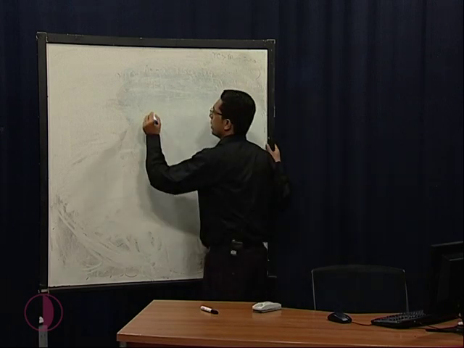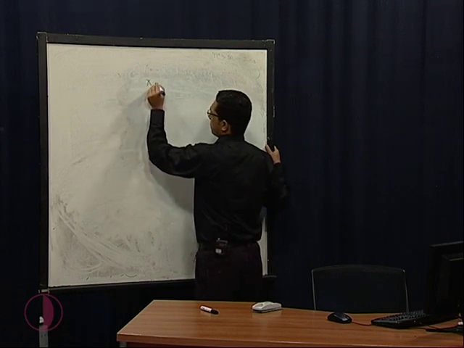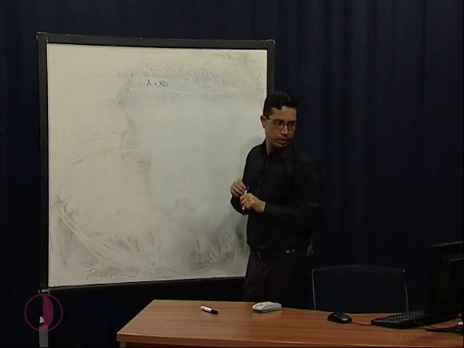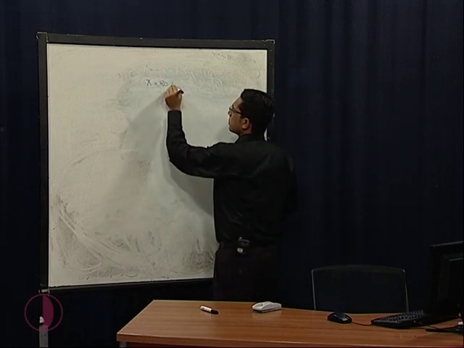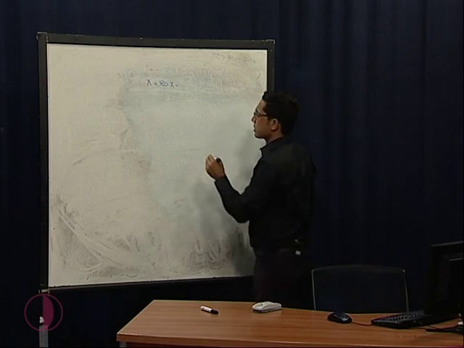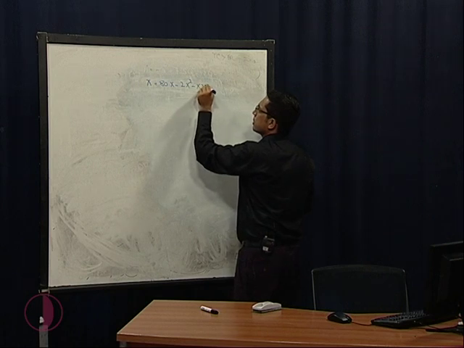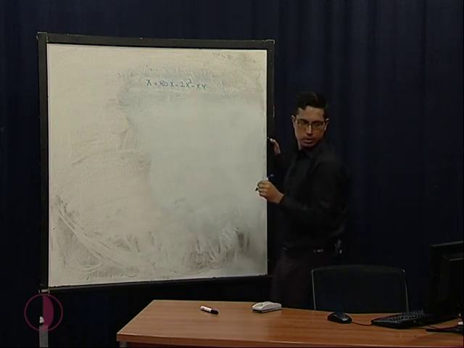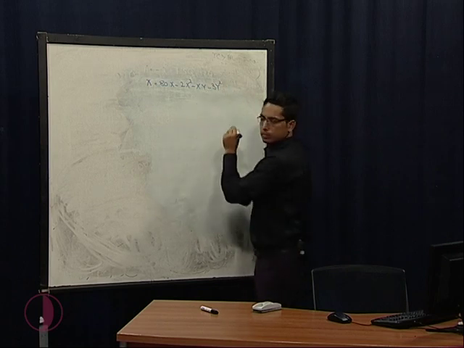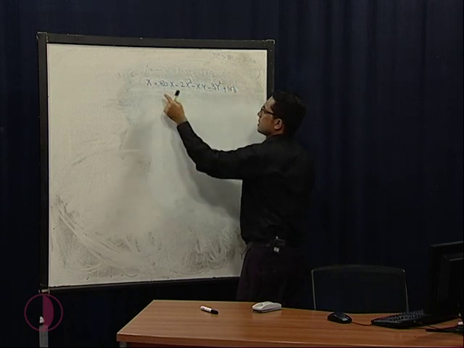For example, we have a profit function which is equal to 80x minus 2x square minus xy minus 3y square plus 100y. This is the profit function.